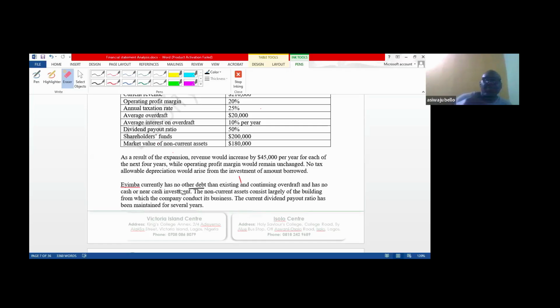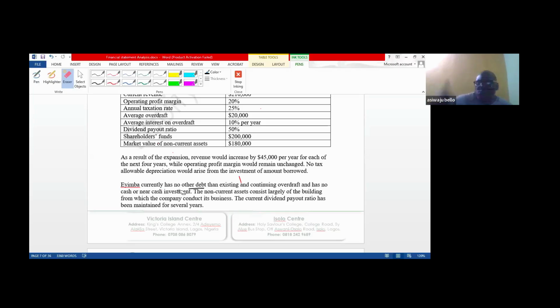I will now ask myself, would the expansion generate enough profits or enough cash flow? Are we going to get enough profits or enough cash flow from the expansion? Because annually we are going to be repaying the loan, and currently we don't have cash flow.